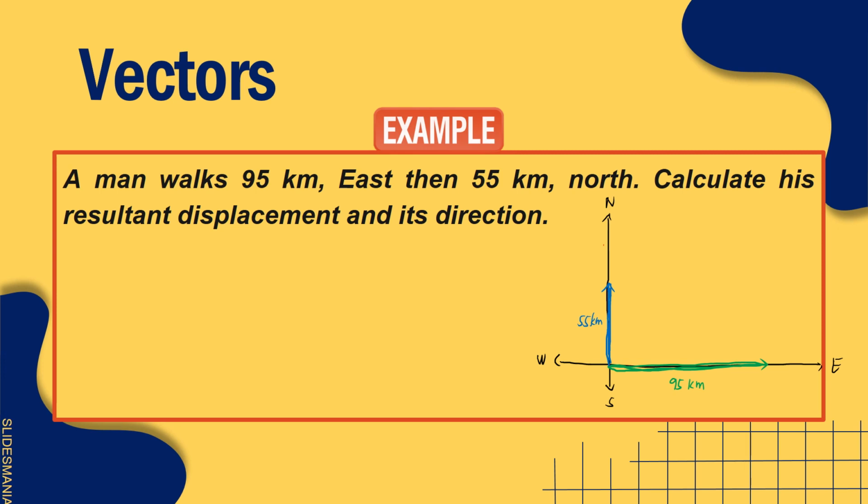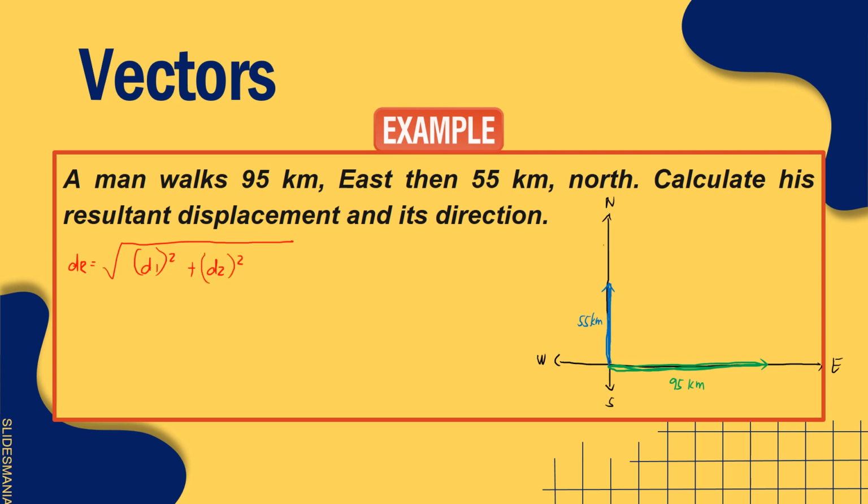Now calculate his resultant displacement and its direction. Now we have to compute first in order for us to get the resultant displacement and of course its direction. We have the formula dr is equal to the square root of d1 squared plus d2 squared.